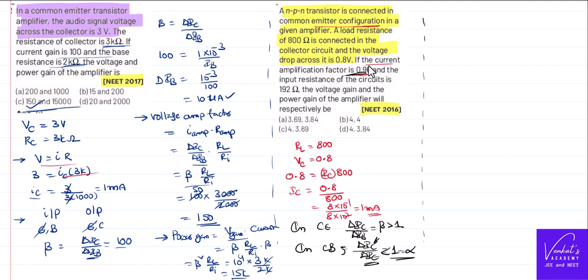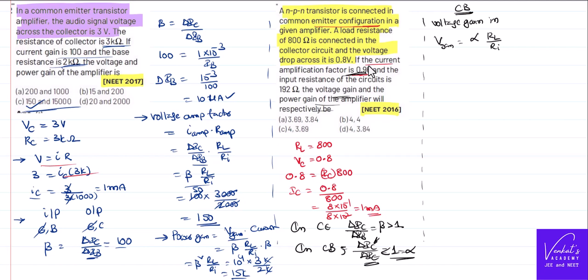Once alpha is given for you, he has actually calculated the power gain and voltage gain for that alpha itself. So to show that, I will first find out the value of voltage gain in common base configuration. Voltage gain equals alpha into RL by RI.